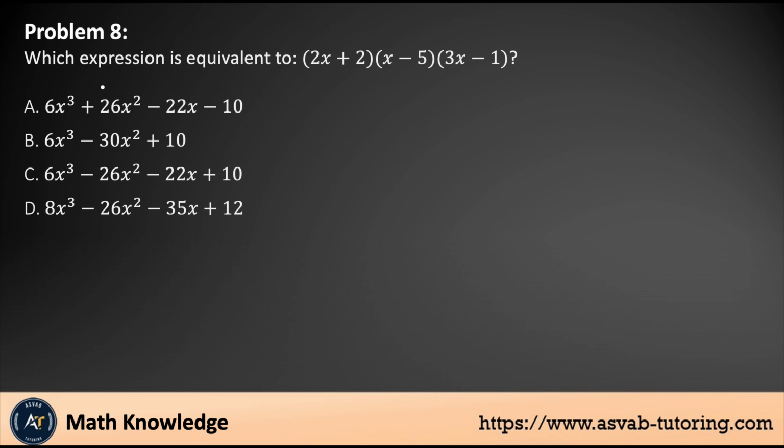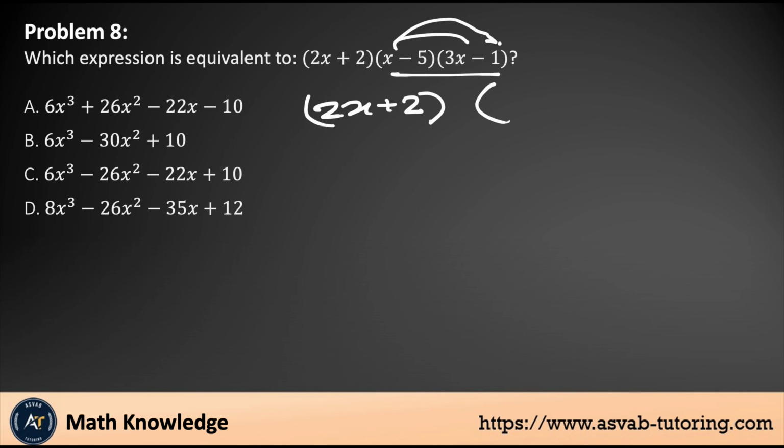Problem number 8, which expression is equivalent to (2x plus 2) times (x minus 5) times (3x minus 1). So in order to simplify that, you have to multiply two factors first and then do the last. So let's do it this way. For 2x plus 2, just keep that separate first and multiply the other two, the one we did like in the last problem.